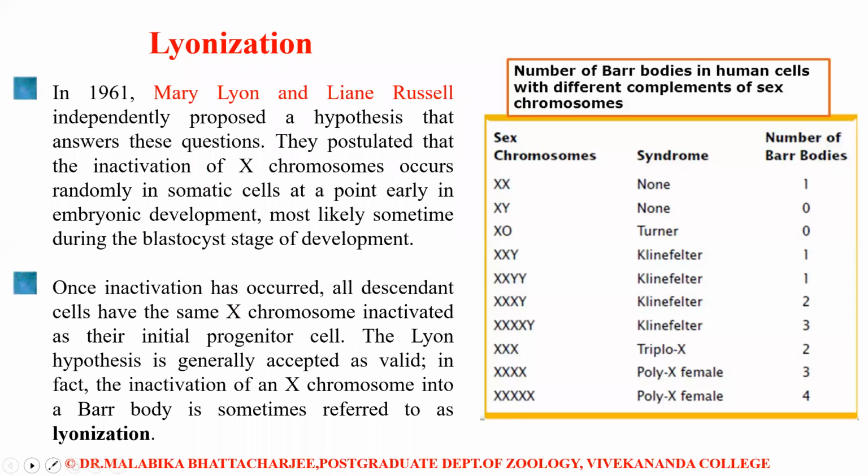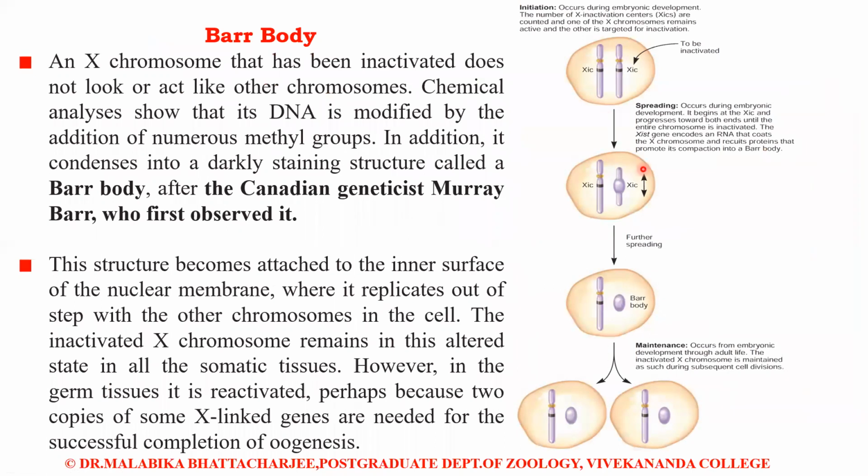This chromosome that has been inactivated does not look like other chromosomes. And chemical analysis, finally, while I was talking about the enzyme, showed that the DNA is modified by the addition of numerous methyl groups, because I told you that the RNA that is produced from that inactive X recruits the DNA methylase, or the DNA deacetylase enzyme.